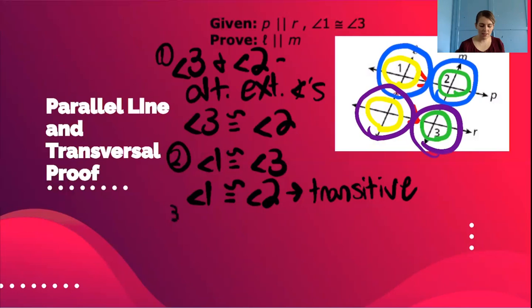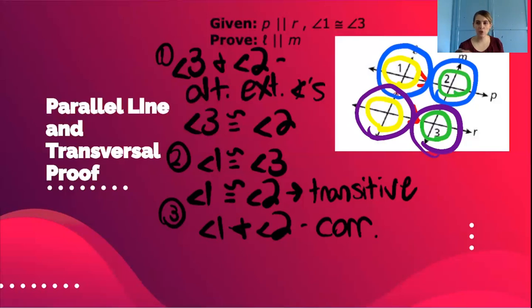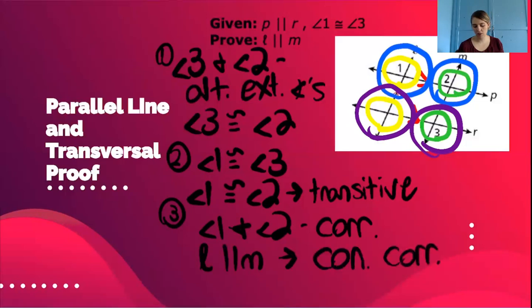With these opposite groups, I can see that angle 1 and angle 2 are corresponding. Since those two angles are congruent and they're corresponding, then we can say that L is parallel to M because of the converse of the corresponding angle postulate.